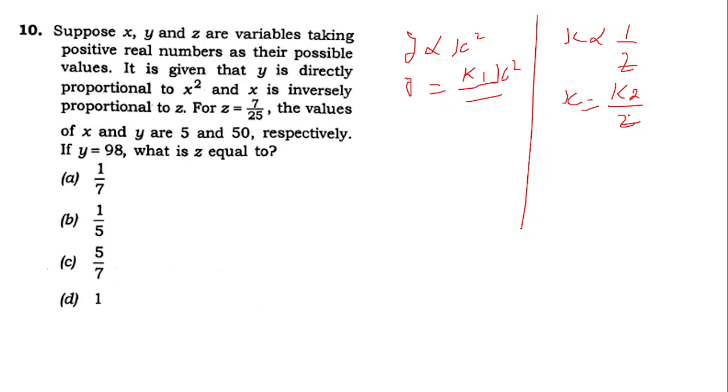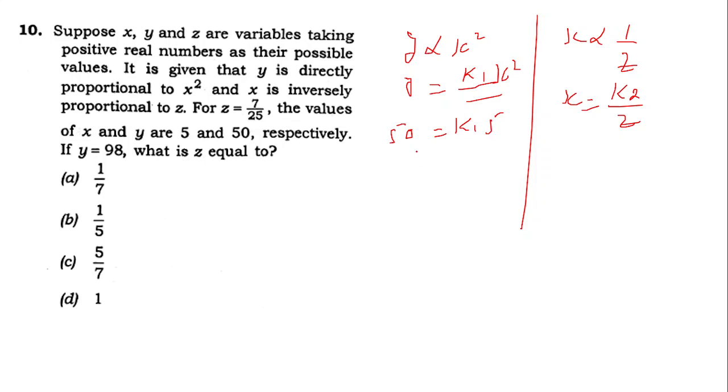For z is equal to 7 by 25, the values of x and y are 5 and 50. So values of x, y and z are given for some values. So here y is given as 50 and x is given as 5.